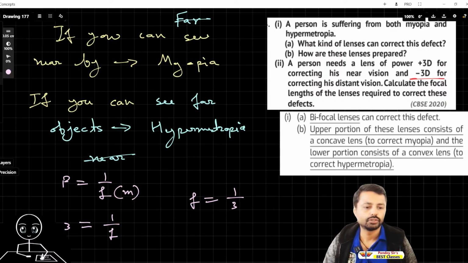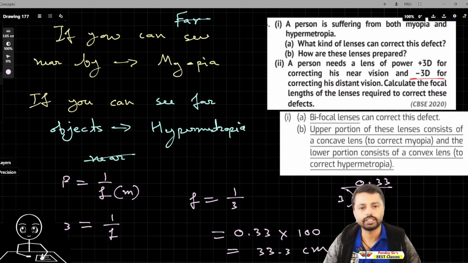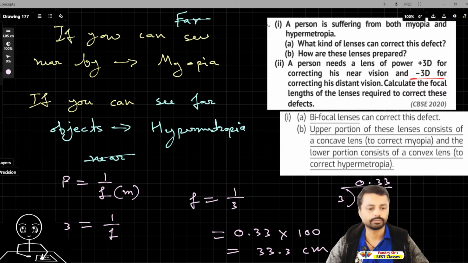So let's do that. 1 by 3, 0 point, it will become 10, and then 3, 9, and 3, 3. So approximately 0.33. Since it will be in meter, we have to multiply with 100 to convert that into centimeter. So you can say 33.3 centimeter. That's the focal length.